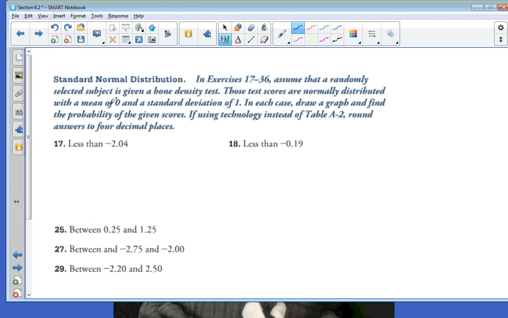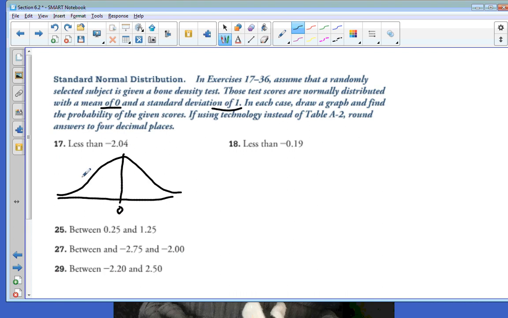Here we're still using that mean of 0, a standard deviation of 1. We're going to draw a graph and find the probability of the given scores. So here we have less than negative 2.04. There's my graph, 0.